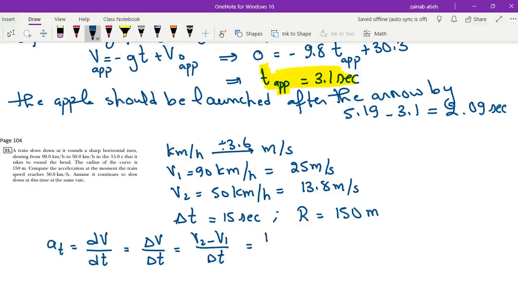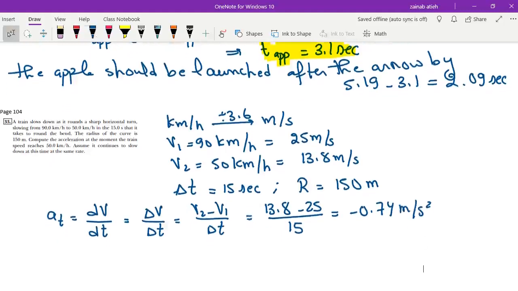I will get 13.8 minus 25 over 15. Everything is in SI unit. I will get minus 0.74 meters per second squared. This is AT.